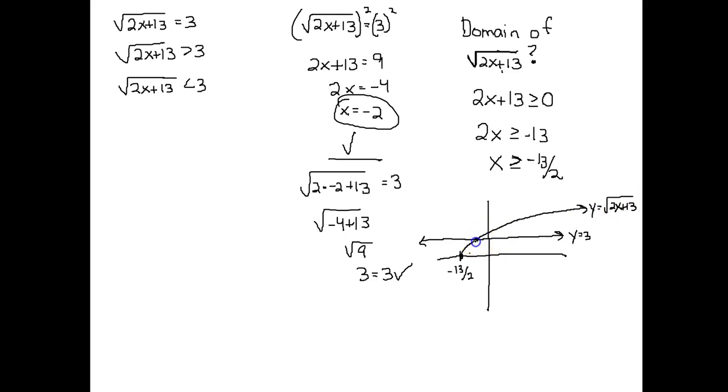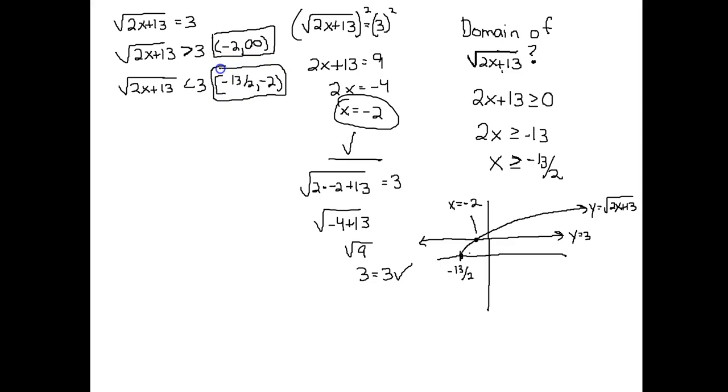And they intersect right here at x equals -2. Okay, so for square root of 2x plus 13 greater than 3, we have open interval from -2 to infinity. For square root of 2x plus 13 less than 3, we have bracket -13/2, comma, -2 parentheses.